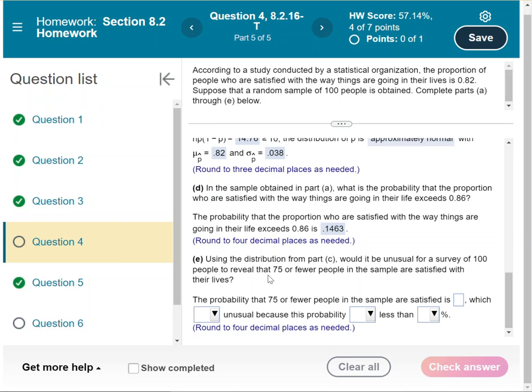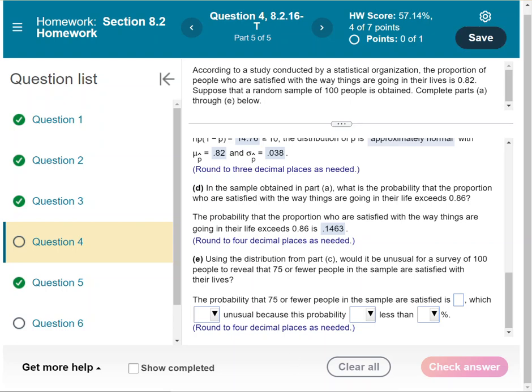Well, p hat here is equal to x over n, which in this case is 75 over n, which was 100. So that's 0.75. So we want to find the probability that p hat is 75 or fewer, so it'll be less than or equal to 0.75.